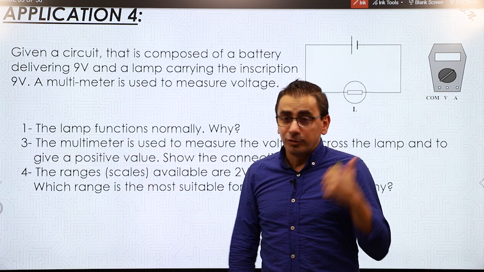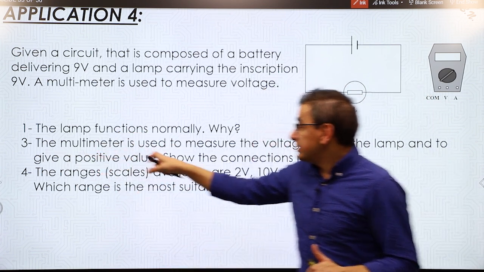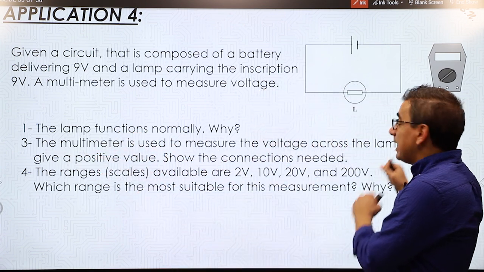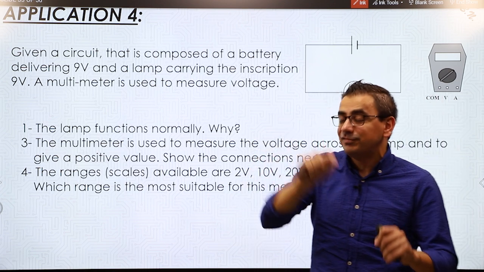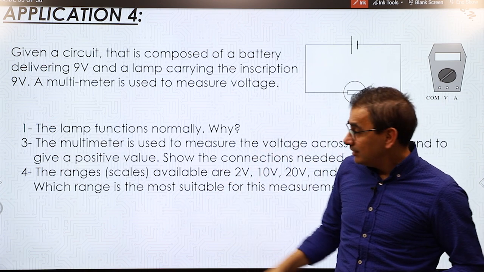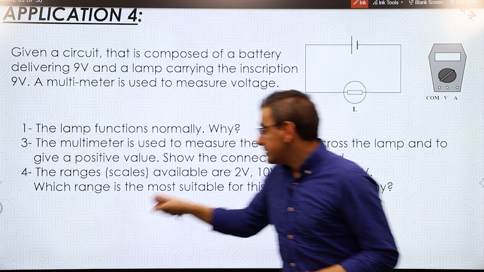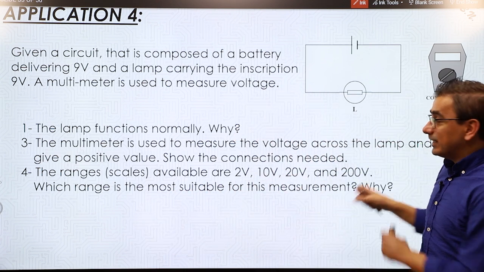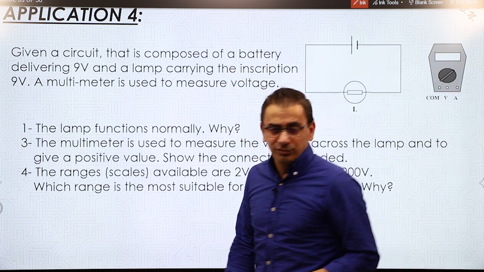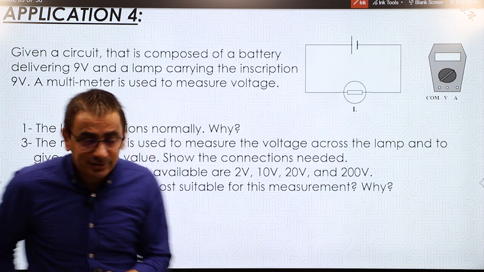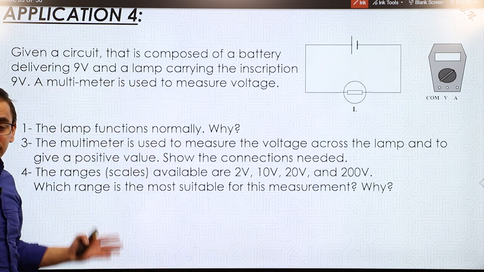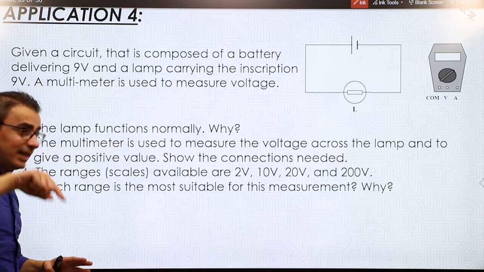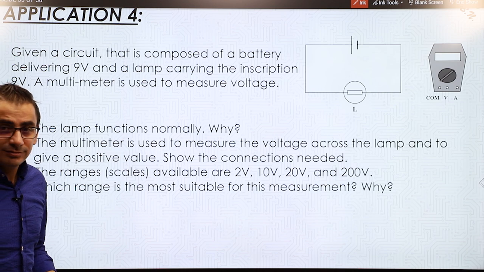The lamp functions normally. The multimeter is used to measure the voltage across the lamp and to give a positive reading, show the connection, and then the ranges are 2, 10, 20, and 200. Which range is the most convenient? Simple, it's not hard. Take a look at it, try to solve it, and later on you can check the solution. Okay?